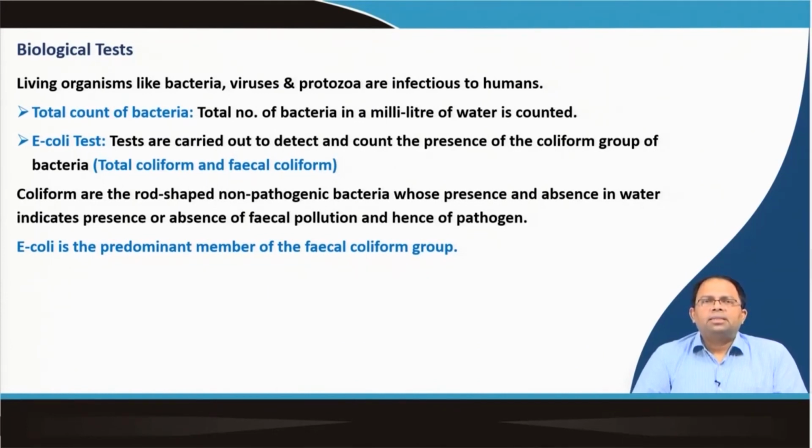So E. coli is the predominant member of the fecal coliform group, and the presence of E. coli indicates that there is fecal pollution. But instead of E. coli, we can also measure the total coliform or fecal coliform, and these again can only be measured at the laboratory level.